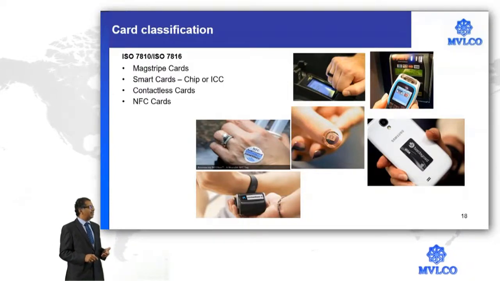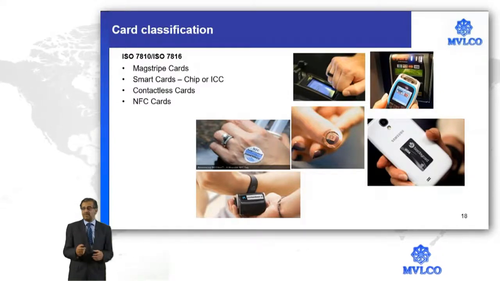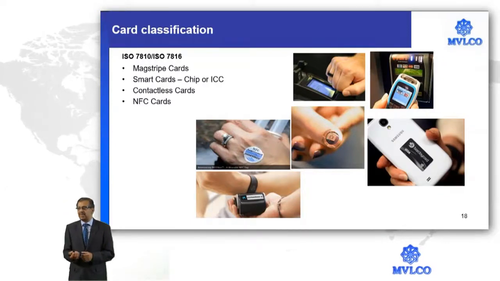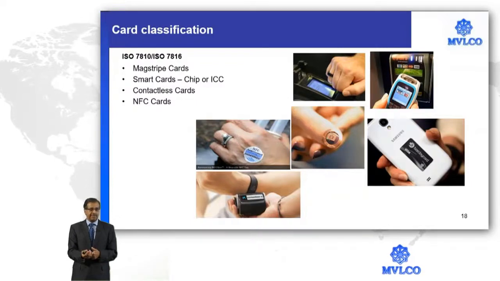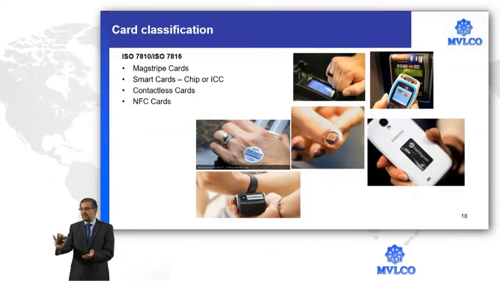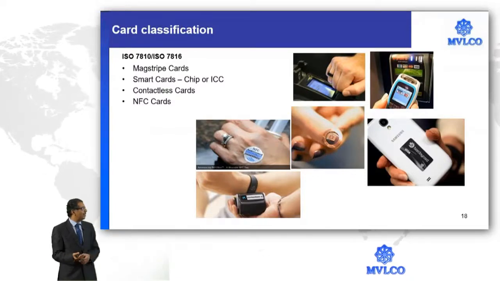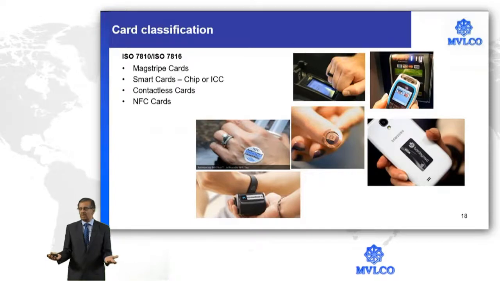I could have the chip in a ring which I am wearing, maybe a wearable like a bracelet or a locket. Some companies are thinking of implanting that chip below the skin, so you don't need to carry anything, you simply wave your hand and that could be done.